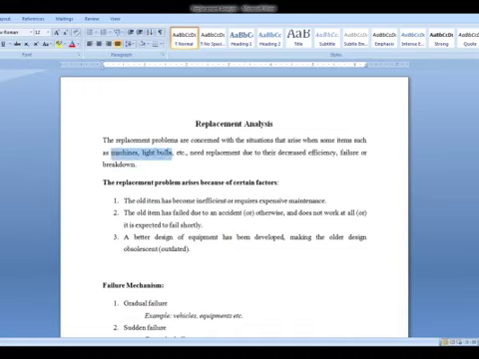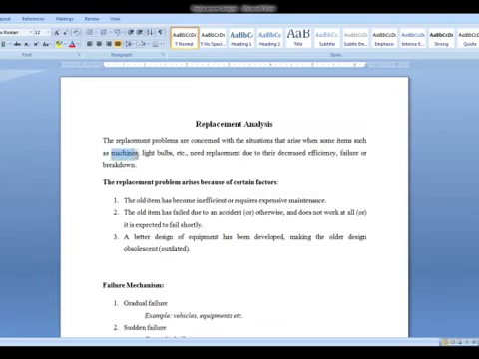So it can be machines or light bulbs, it can be your vehicles. Sometimes vehicles also you'll replace because of their decreased efficiency, maybe failure or breakdown. Vehicles like bikes, cars, maybe your refrigerators, your mobile phones, your laptops, TV, washing machines, grinders.